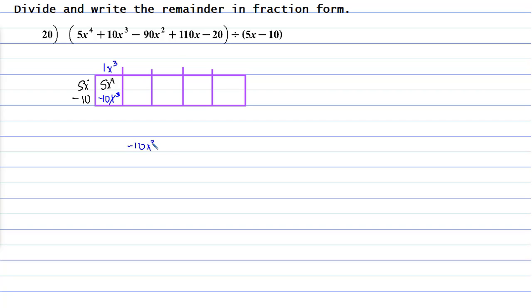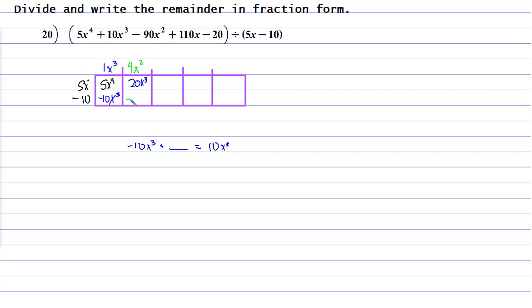Negative 10x cubed plus something equals a positive 10x cubed. So I need to add 20x cubed. When I divide to go up, 20 divided by 5 is 4. X cubed divided by x gives me x squared.